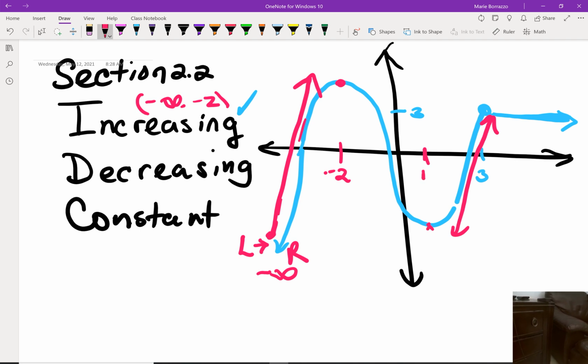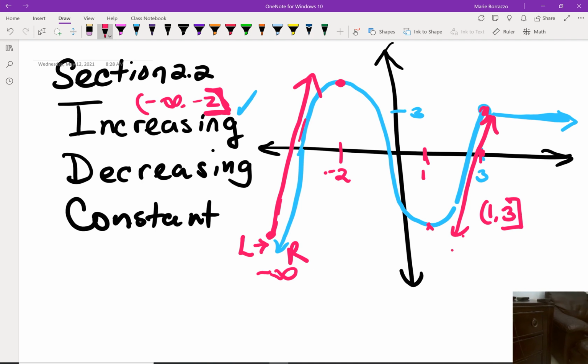Notice that I'm not even bothering with the y. So we would say this is increasing from 1 to 3, inclusive for the 3 in this case. It actually would be inclusive for the negative 2 in this case also.